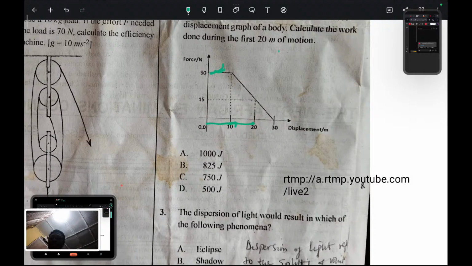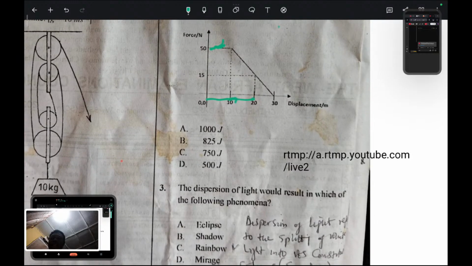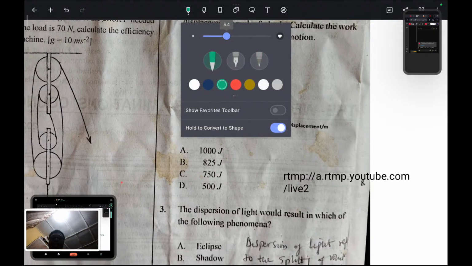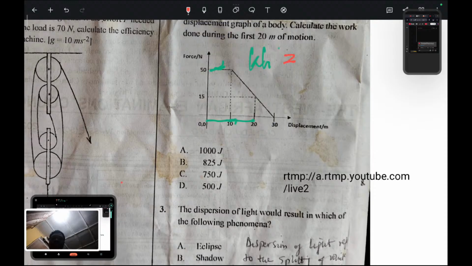Is that clear? So we know that the area of the rectangle, let's assume, is W1. Let's say W1 equals 50 multiplied by 10, because we are dealing with area.